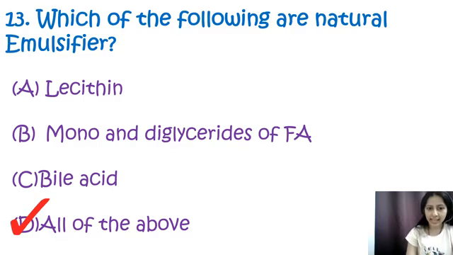Mono and diglycerides of fatty acids are types of fats that act as emulsifiers, mainly produced from glycerols and natural fatty acids, and they are often used in food products. Next, bile acids are also natural emulsifiers, mainly found in the liver and stored in the gallbladder. So my correct option is D, that is all of the above.